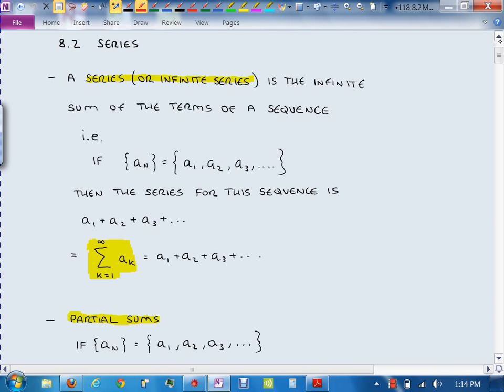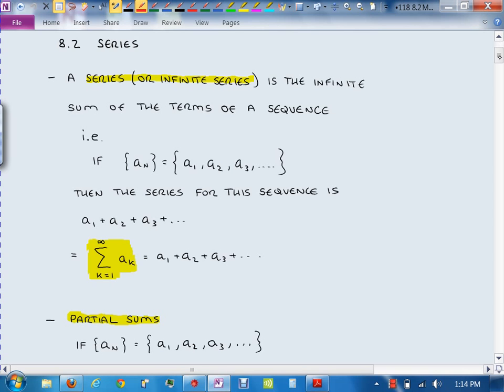A series is add them all up. So if I've got a sequence, a sub n, that was some number, comma, some other number, comma, that was my list of numbers, then the series that corresponds to that sequence is a sub 1 plus a sub 2 plus a sub 3 plus dot, dot, dot, and dot, dot, dot means forever, for us. So that just means keep adding them all up forever.